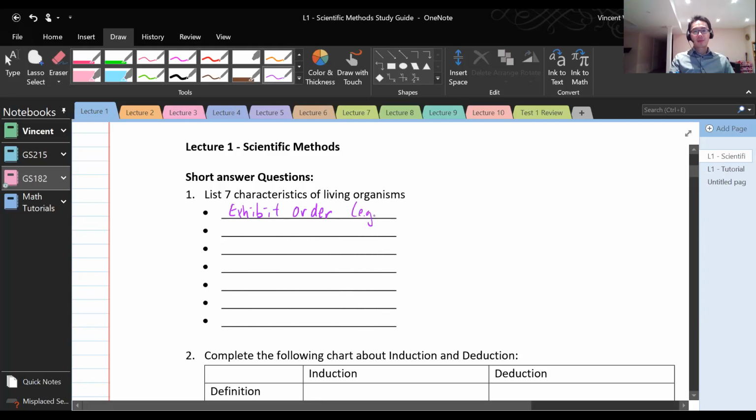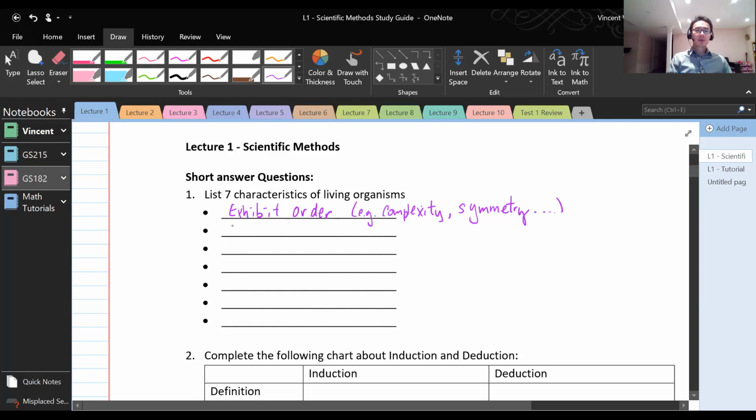So order means there is some sort of complexity to it, right? If you think about the human body, very complex, many moving parts, and there is some kind of symmetry usually, right? So all these things are evident in all living organisms.